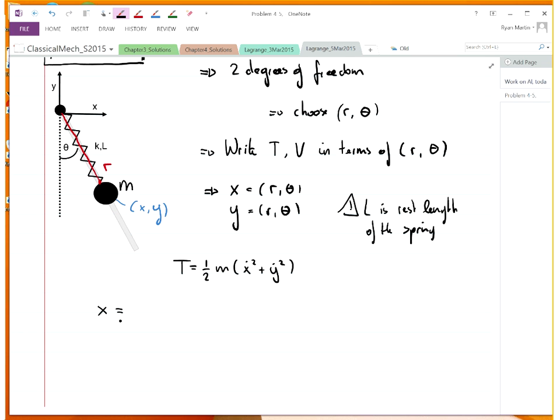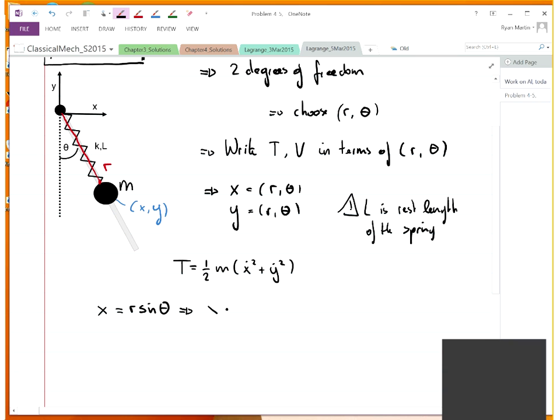So the x position in this case is r sine theta. All right? So what we need for T is x dot. So x dot is d by dt of r sine theta.